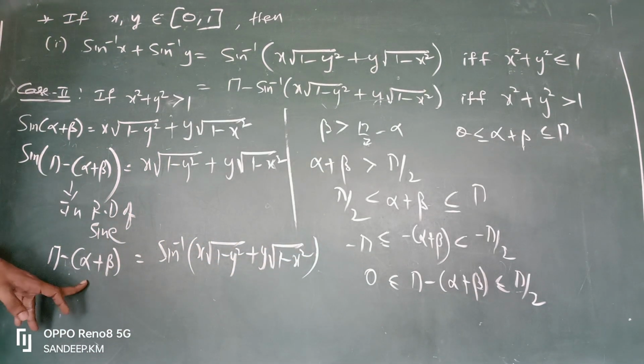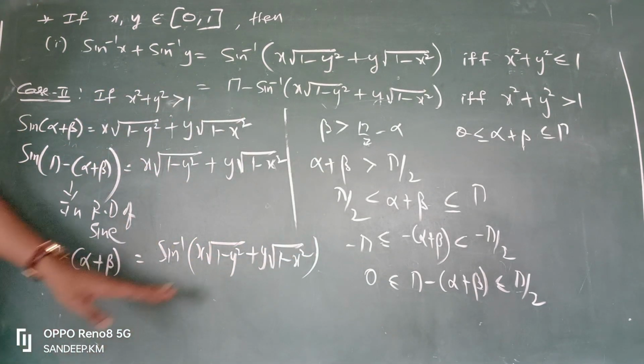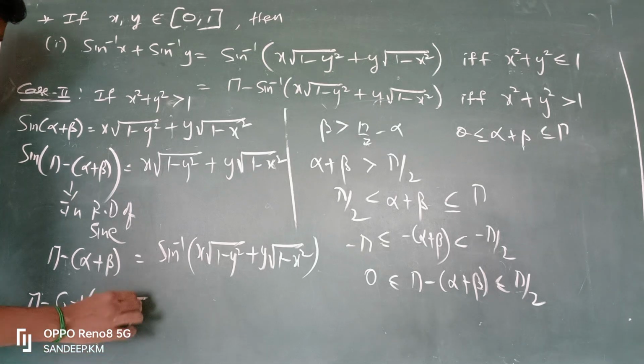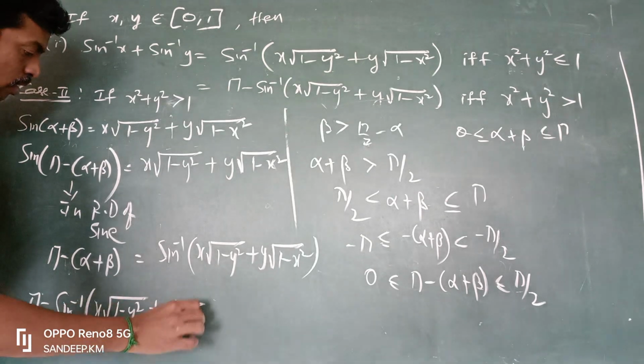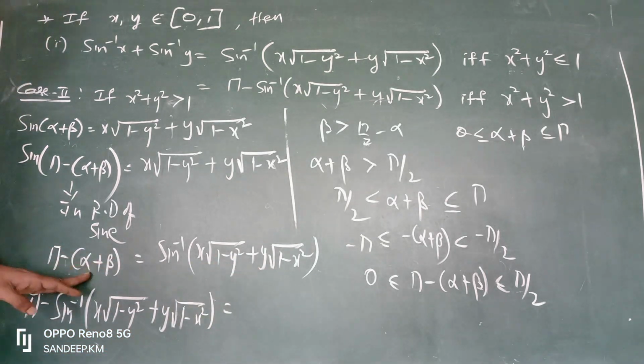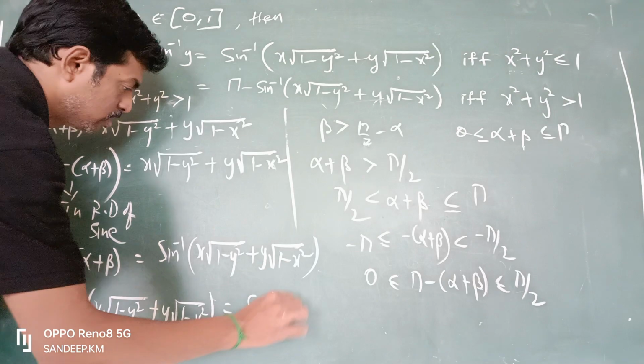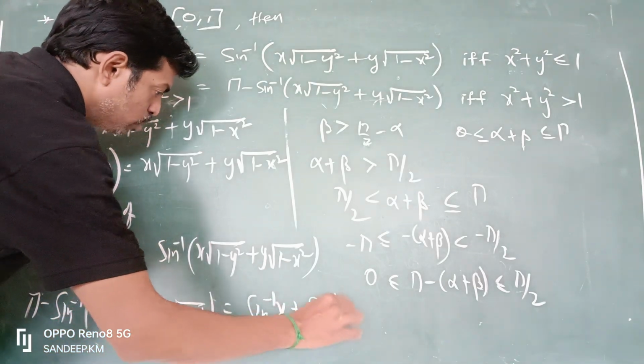Take minus of alpha plus beta to the right side and take sine inverse to the left side. You will get pi minus sine inverse of x into root of 1 minus y square plus y into root of 1 minus x square is equal to, minus of alpha plus beta coming to the right side, it becomes alpha plus beta. Alpha means sine inverse x, and beta means sine inverse y.